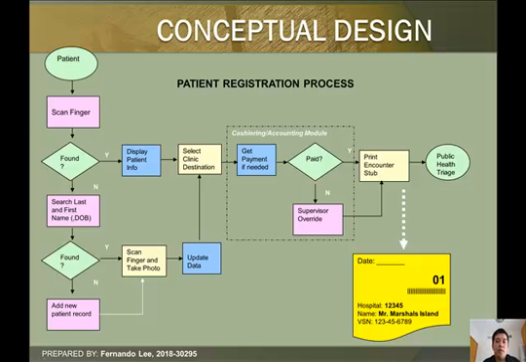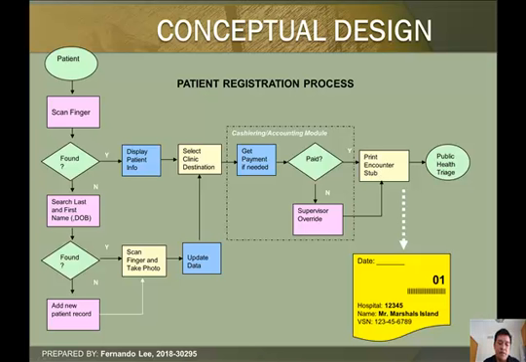Okay. So this is the conceptual design of the patient registration process. So the patient, in the registration, you have to scan the finger. If the system found the patient, then it will go to the manual search.